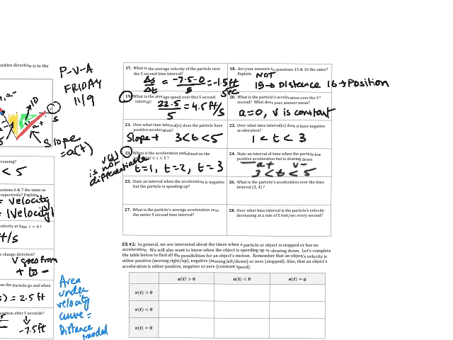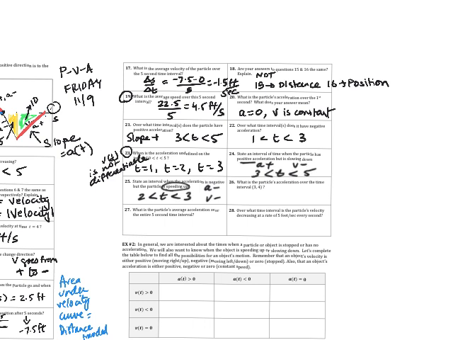State an interval when the acceleration is negative and the particle is speeding up. So we know for speeding up, both of the quantities have to have the same sign. So that means velocity has to be negative and acceleration has to be negative. That happens when t is greater than 2 and less than 3 seconds.